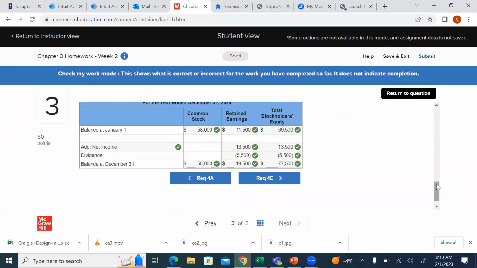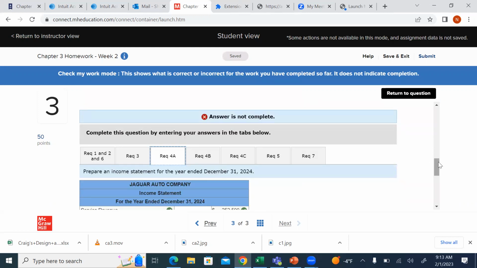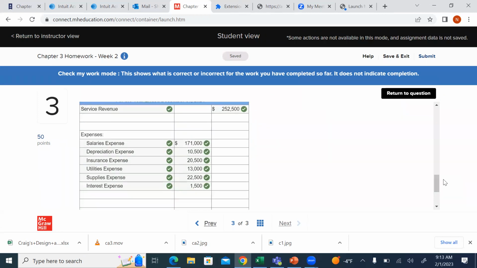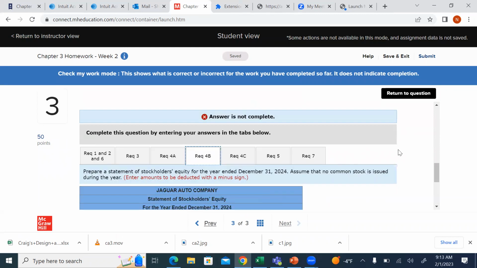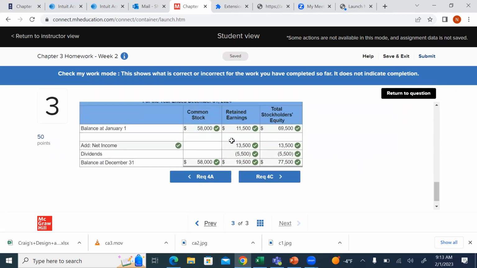Okay. Absolutely. So our net income is our revenues minus our expenses. It gave us 13,500. We are going to plug that 13,500 into net income in the statement of stockholders' equity.